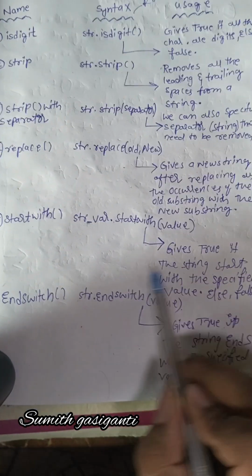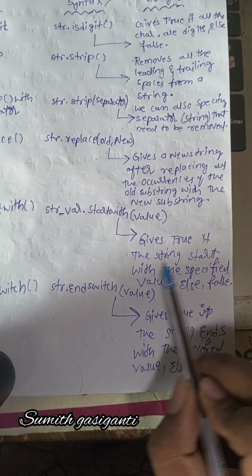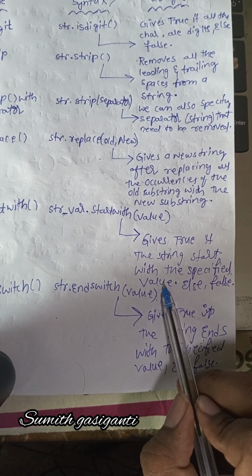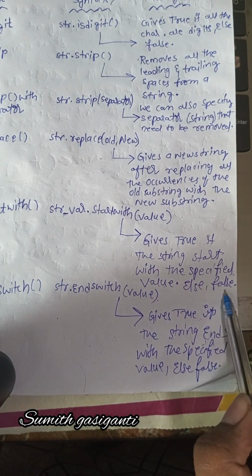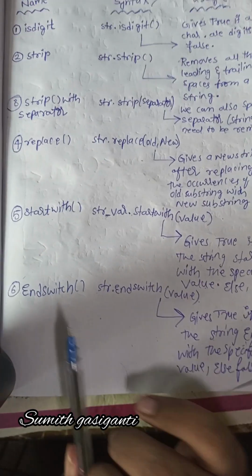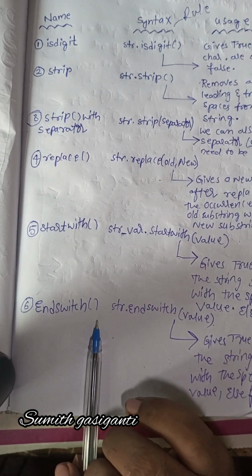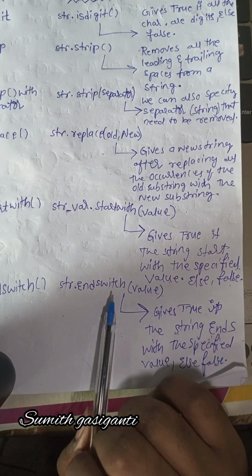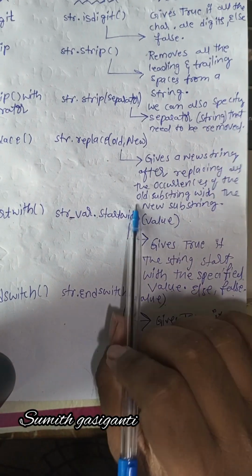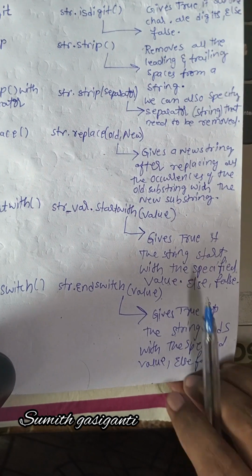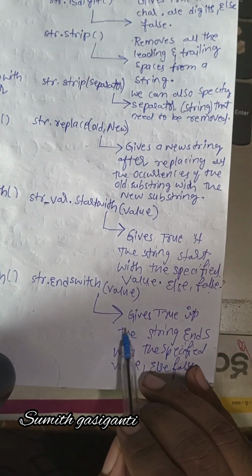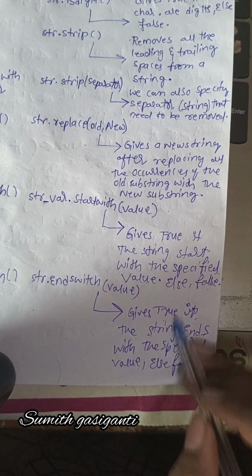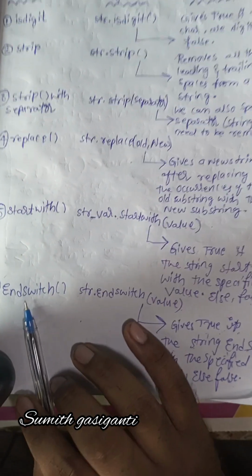This syntax gives true if the string starts with the specified value, otherwise it gives false. This is about startswith. Next, endswith. The syntax is str.endswith(value). It is the same, but here it checks the end. It gives true if the string ends with the specified value, otherwise false. This is about endswith.